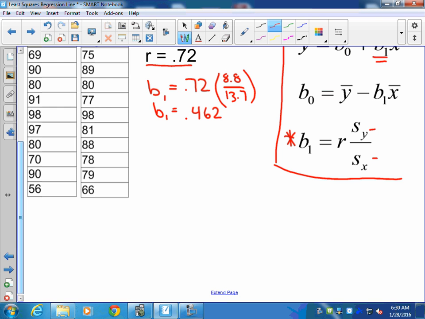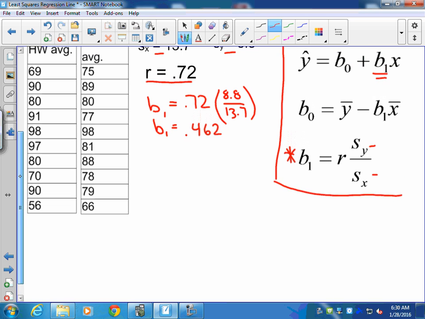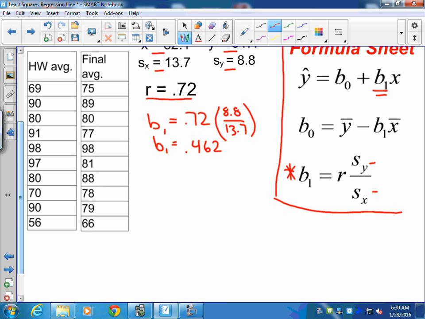Now we want to find our y-intercept. The y-intercept value on your formula sheet is listed as b naught, or b sub 0.